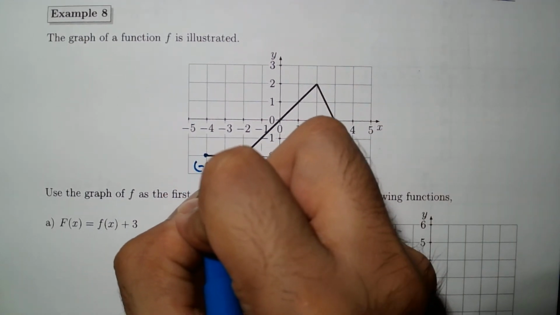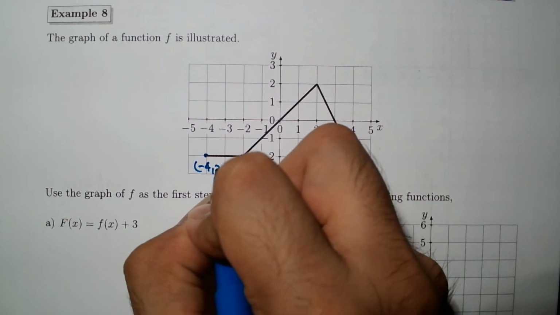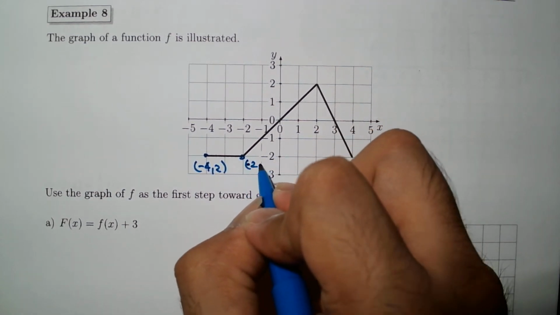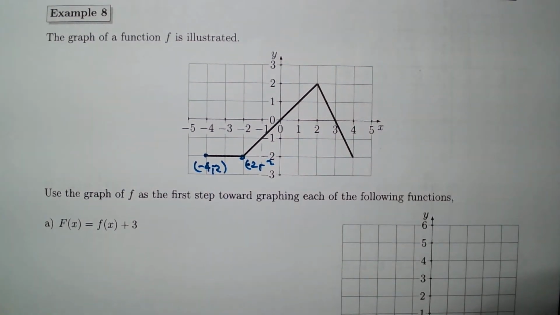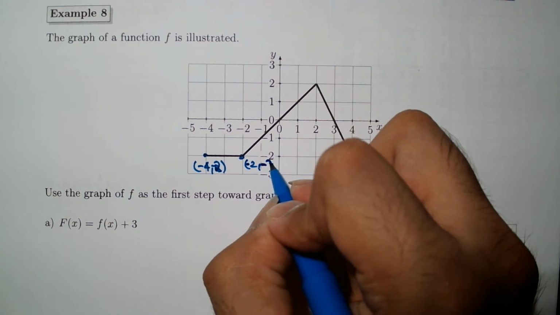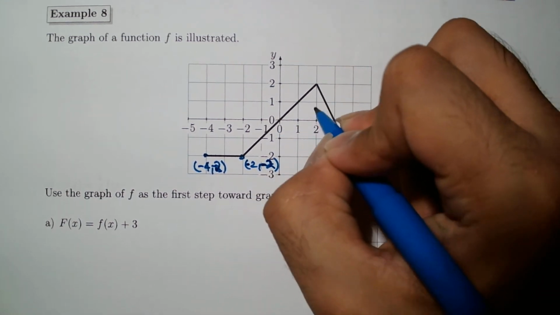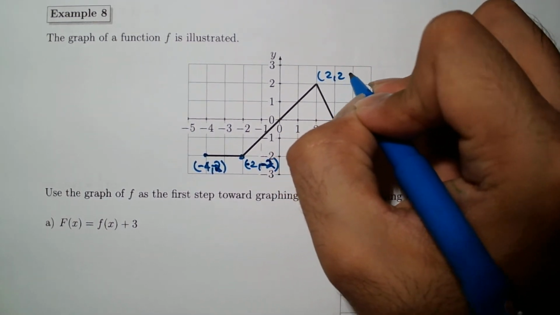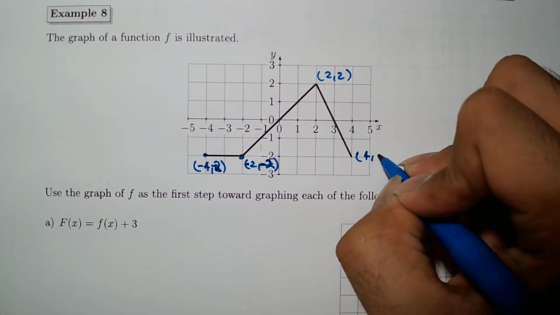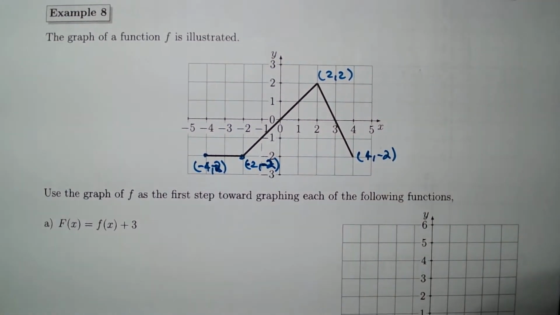The key points that I'm going to point out here: negative 4, comma 2, and then negative 2, comma negative 2, and then the point 2 comma 2 and the point 4 comma negative 2. Those are the points that we are going to shift to obtain new graphs.